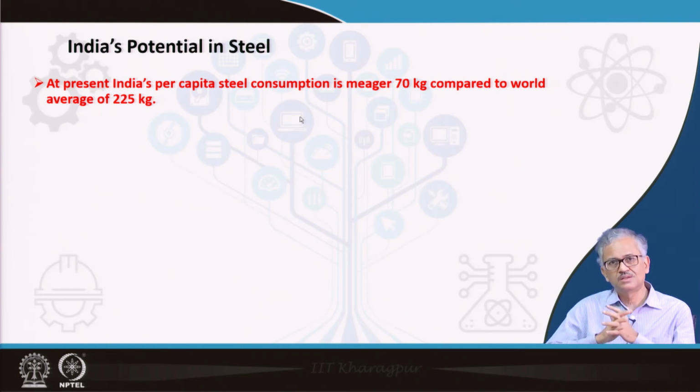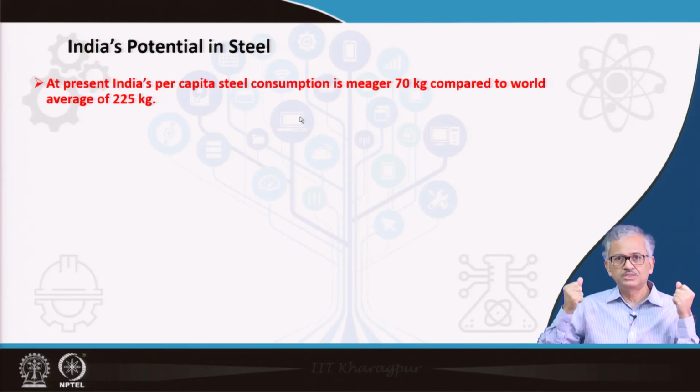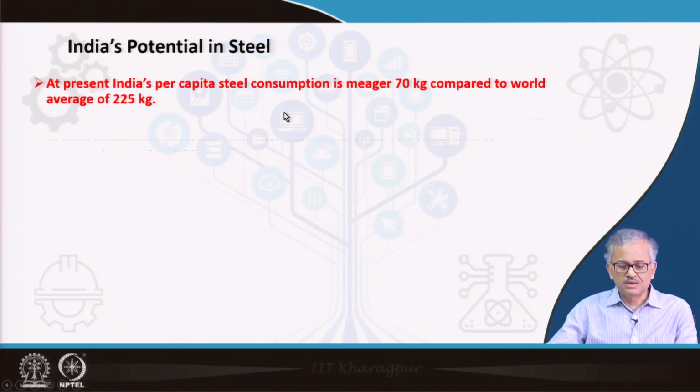In China, with a lot of population, per capita consumption is around 600 kg of steel per person. The world average is 225 kg and India is 70 kg. It has still increased today. It was much lower, around 40 kg, and now it is 70 kg. So we basically have a huge potential, but we have not been able to reach that level.